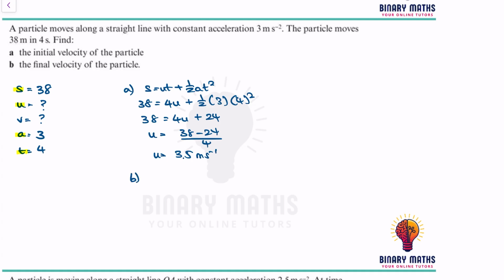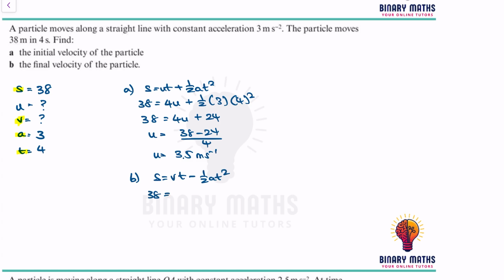For part B, instead of U, I like to use what we're given. We've got V that we're trying to find. So I would use S is equal to VT minus half AT squared.